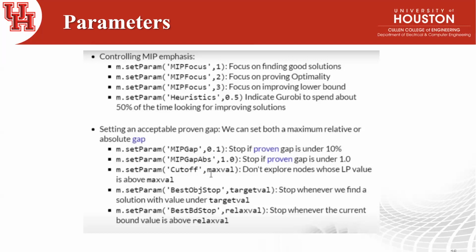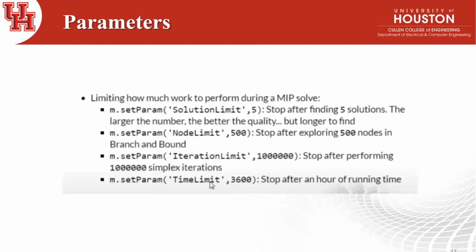And we can also set a best objective stop, to let the solver know that when we find a solution better than the target value, it will stop. So with these parameters, we can operate the Gurobi solver to get a solution that you want, or you can accept.